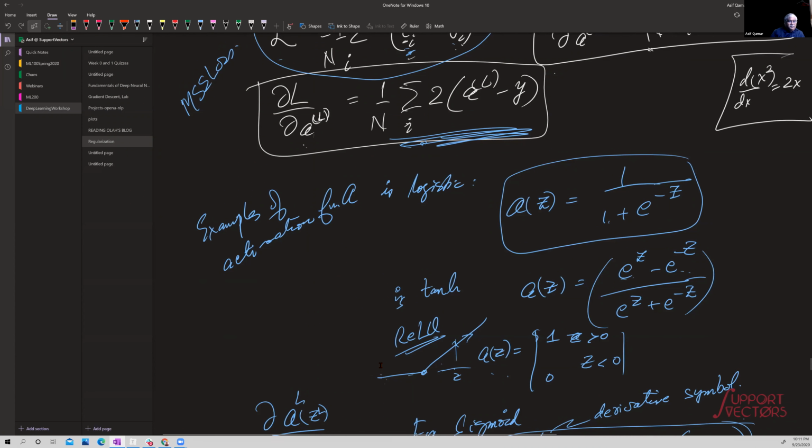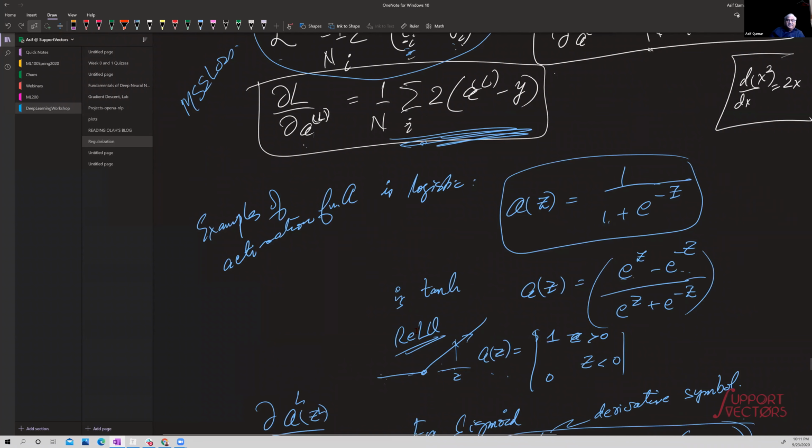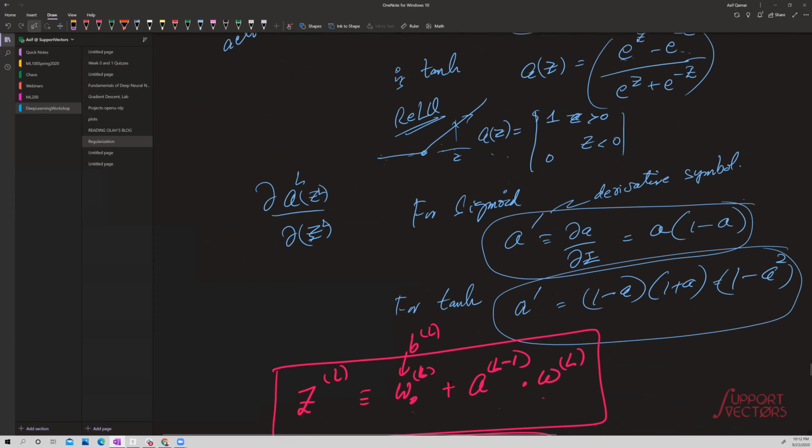Then what is the derivative of this? This, you remember, is the activation function. So for every activation function you create, you are required to also tell what its derivative is. You bake it in. So all you're doing here is plugging it in.